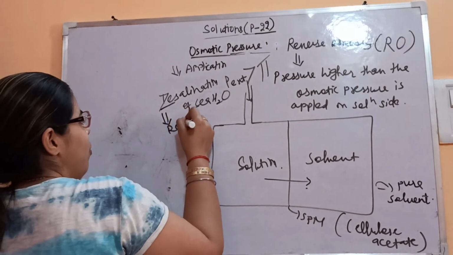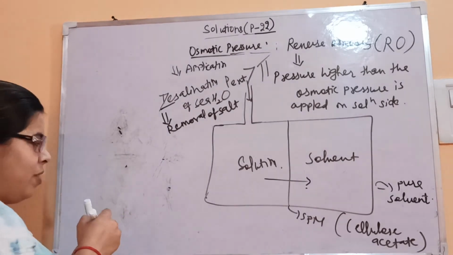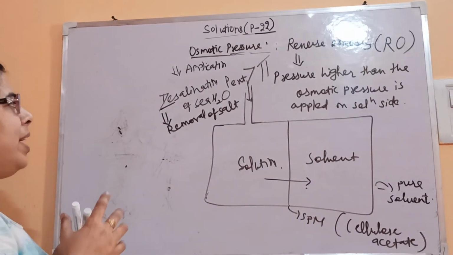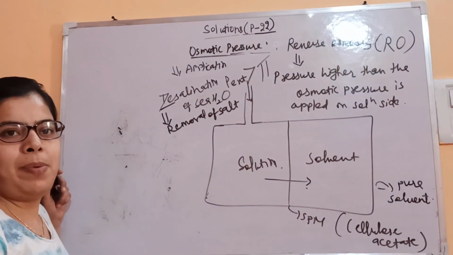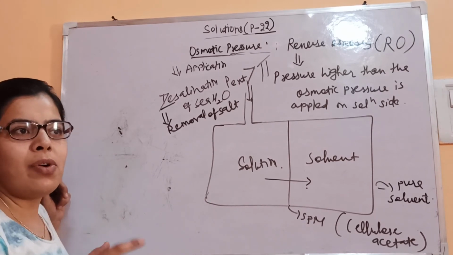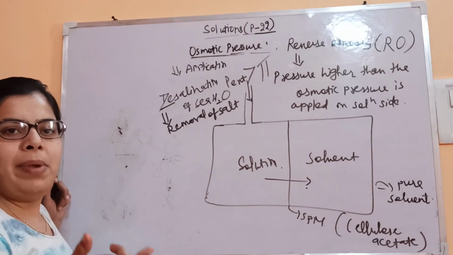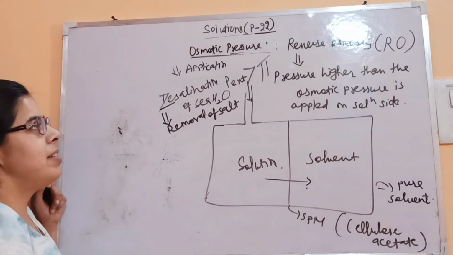So removal of salt from sea water or salt solution, so that the water can be made fit for drinking purposes, that is, potable water can be made from this desalination process.